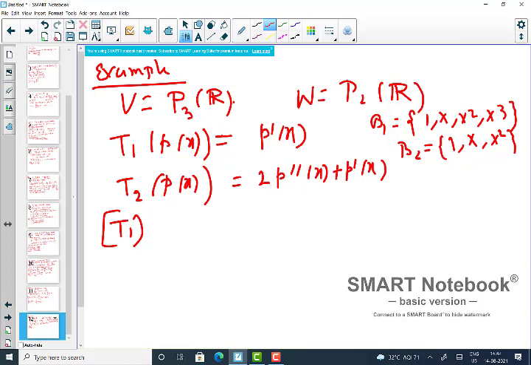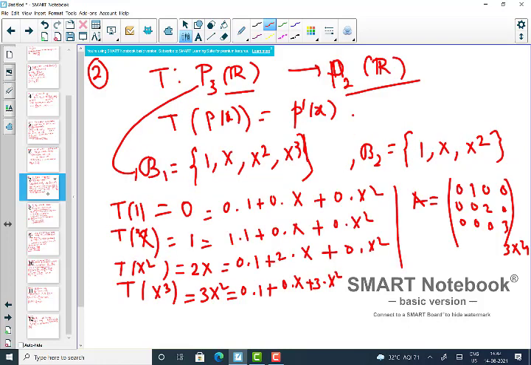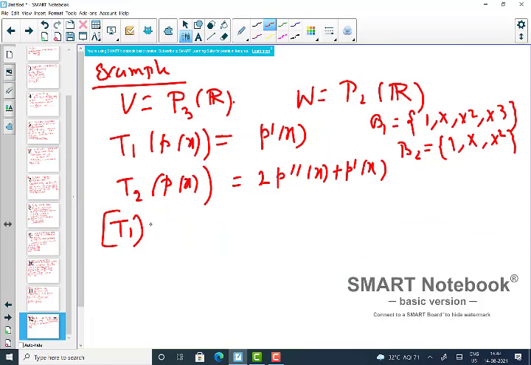With respect to these two bases, we have already calculated one matrix. Let me write down A1. That was 0, 0, 0, 1, 0, 0, 0, 2, 0, 0, 0, 3.